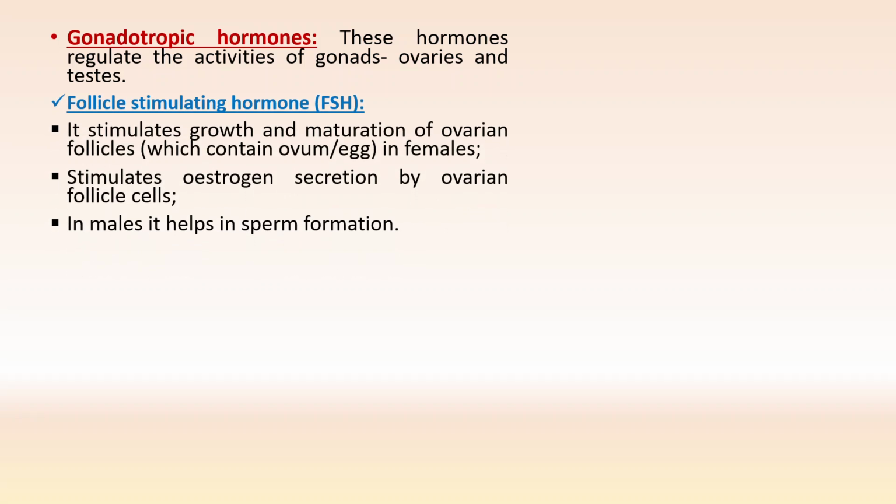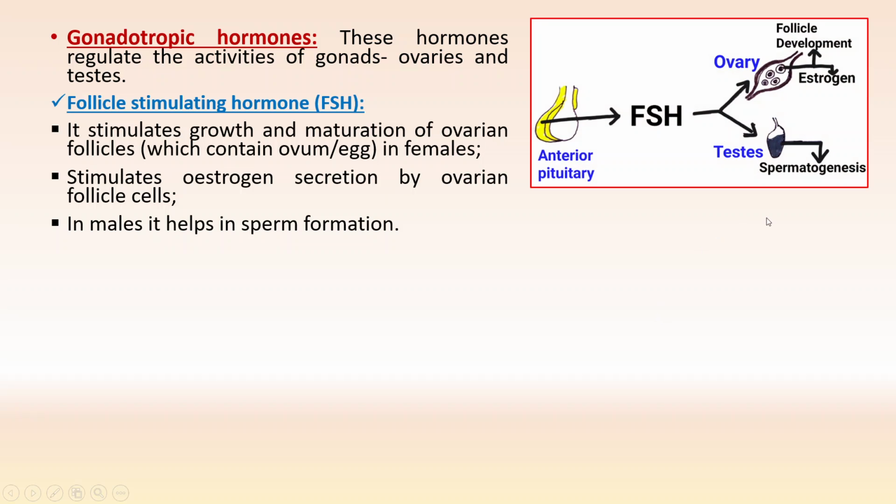The first hormone is follicle stimulating hormone. It has three main functions. See, this is a cross section of an ovary, and inside this ovary you can see various sizes of circles which represent the ovarian follicles at different stages of development.